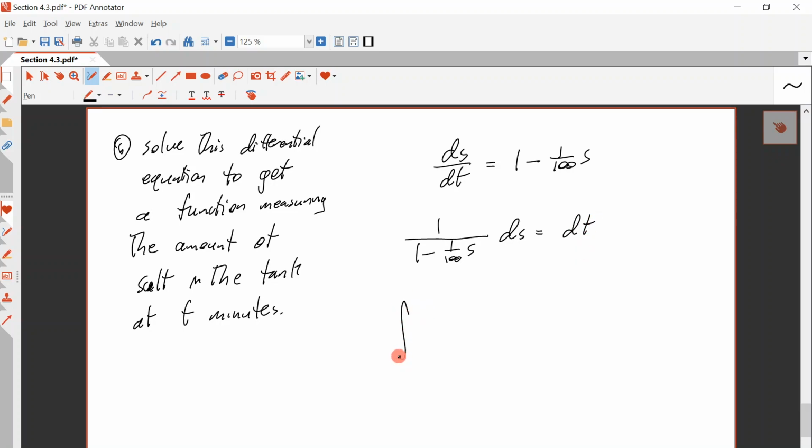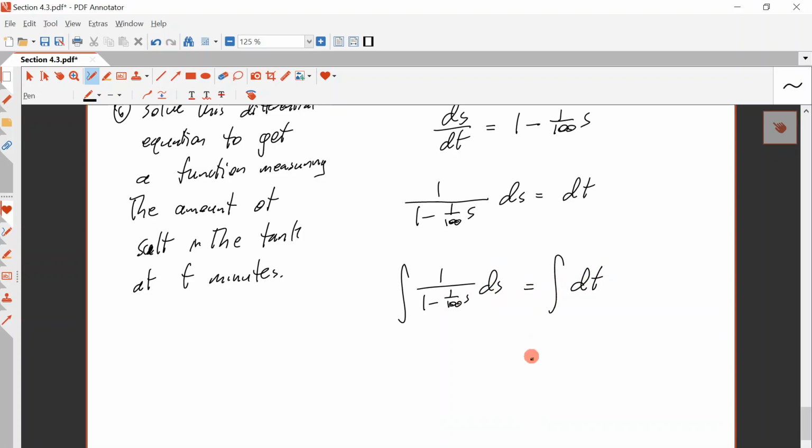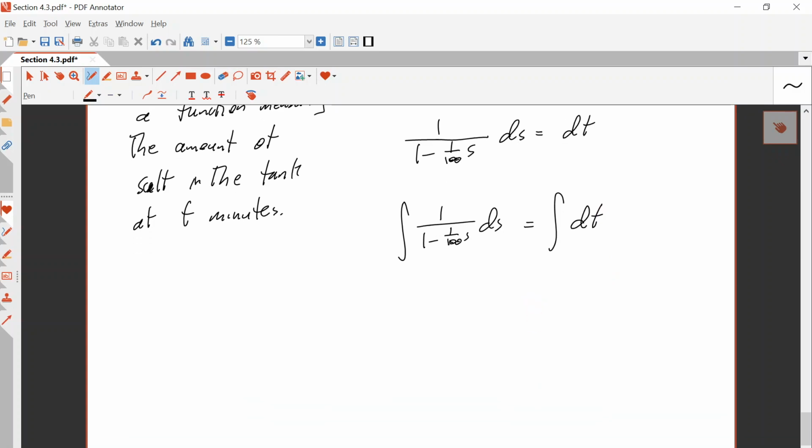So the antiderivative of 1 over (1 minus 1/100 s) ds is equal to the antiderivative of 1 dt. Okay, well the antiderivative over here is just t plus c.